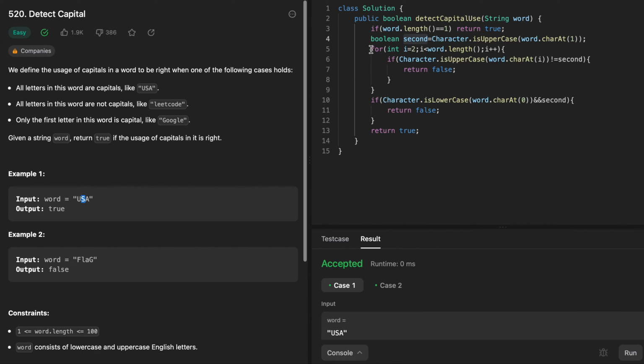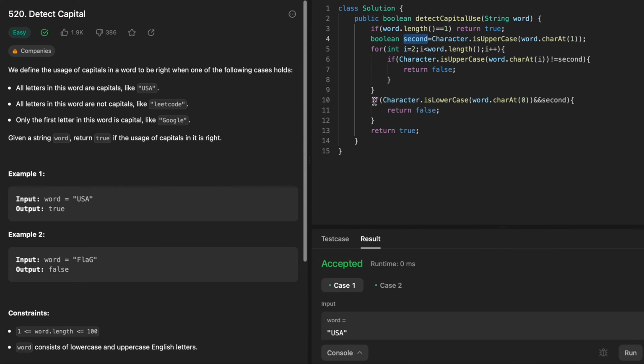Now after I have got the case of the second character, I need to check if all the rest of the characters were of the same case. I have done that, and now I can be sure that they are the same, and that is equal to the second one, uppercase.